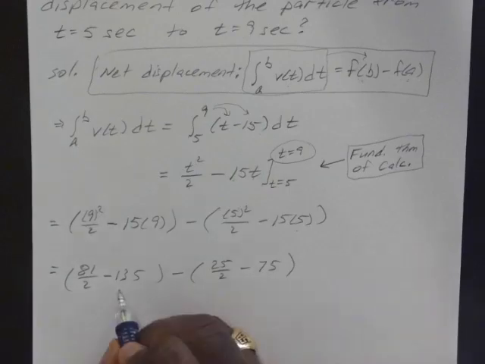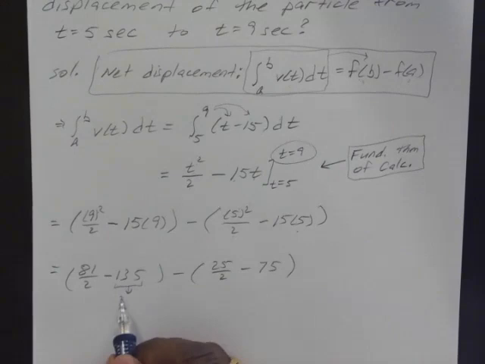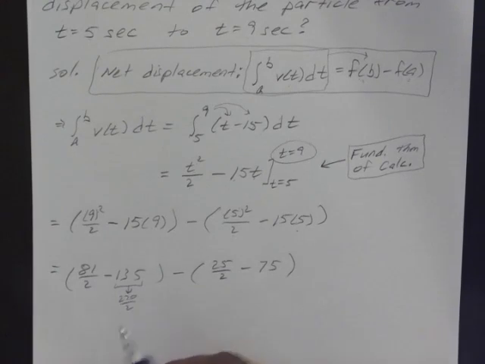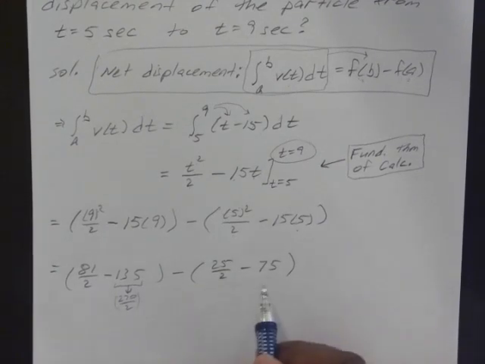We can rewrite 135 as 270 divided by 2, and this 75 as 150 divided by 2.